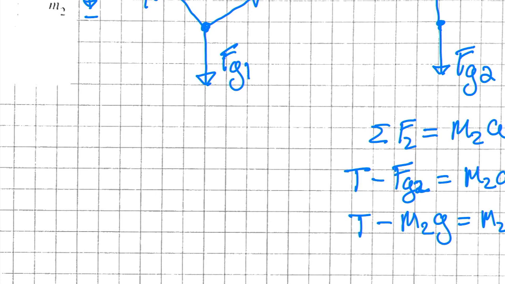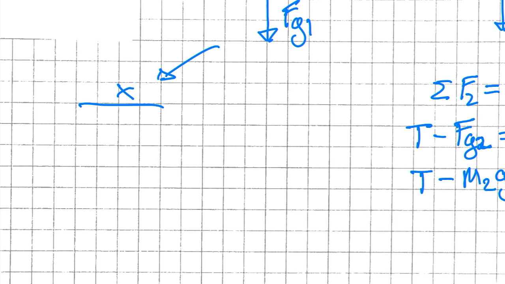For M1 in the X direction, I'm going to have sigma F1X equals M1A.